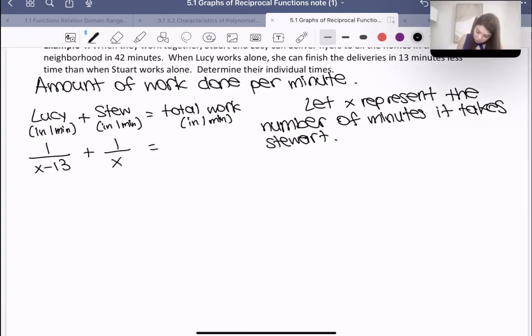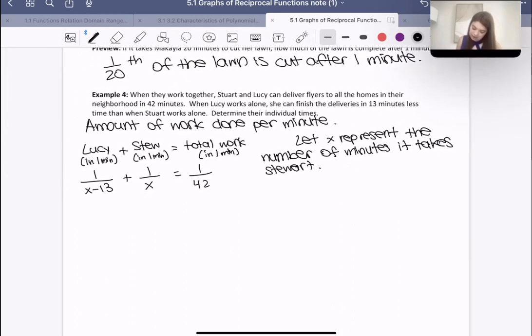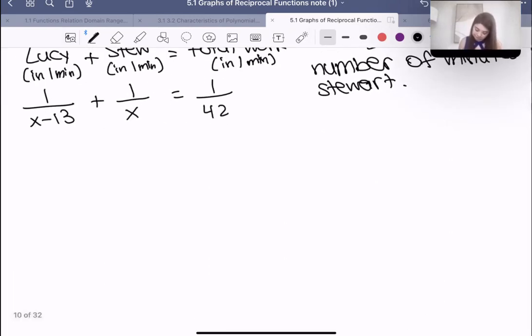And then the total work done in 1 minute would be 1 over 42, right? Because it says that when they work to deliver all the flyers together, it takes 42 minutes. So the total work done in just 1 minute would be 1 over 42. And now we've got to solve this. So we've got to make the denominators the same first.